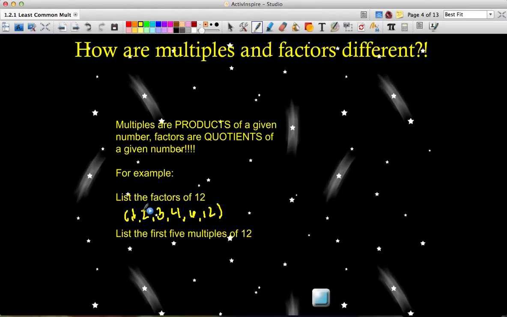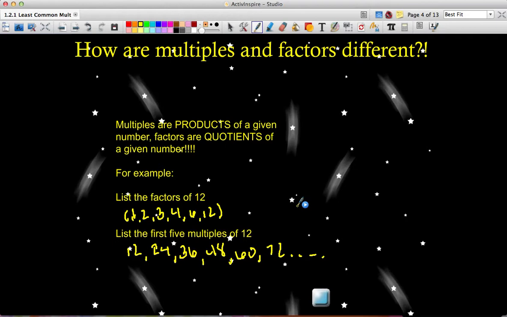Because these are all quotients: 12 divided by 1 is 12, 12 divided by 2 is 6, 12 divided by 3 is 4, 12 divided by 4 is 3, 12 divided by 6 is 2, and 12 divided by 12 is 1. And if you list the multiples of 12, those would be 12, 24, 36, 48, 60, 72, and so on.